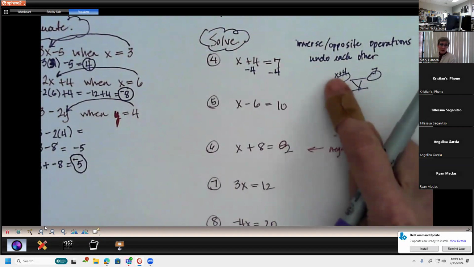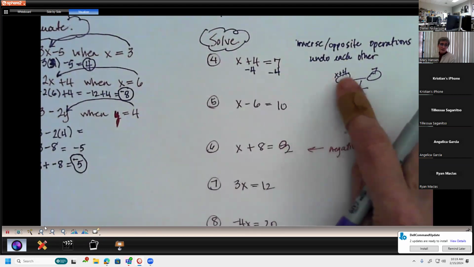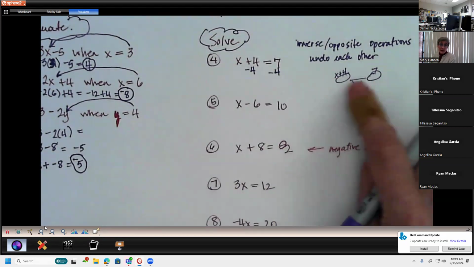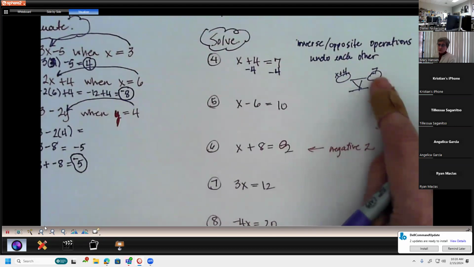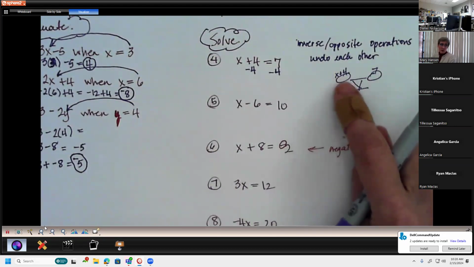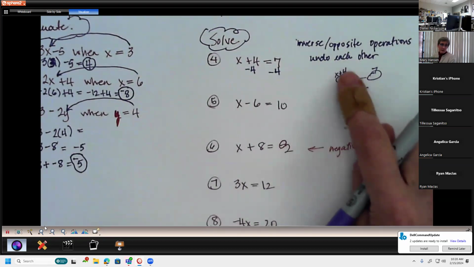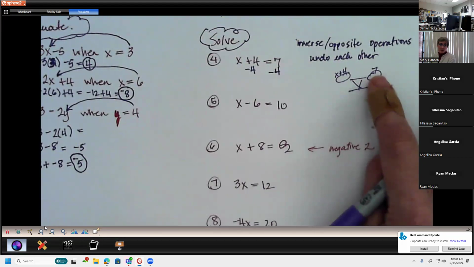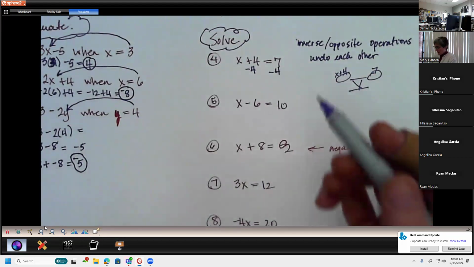So it's like having a little weight we don't know what it is, plus 4 paper clips is balanced with 7 paper clips. And we're trying to figure out, how much does this thing we don't know weigh? And so I can take 4 paper clips off this left-hand side, as long as I do the same thing to the right-hand side. If I remove 4 paper clips and 4 paper clips, it will still stay in balance.